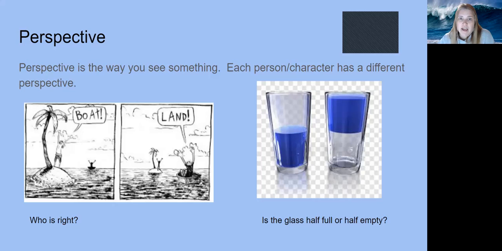The picture on the left is a little more engaging. We have this island man, and he sees a boat and he's super excited. He's like, this cool boat is going to save me. While the guy in the boat is super excited because he sees land and he's like, land is going to save me. Now, who's right? Is the boat going to save them, or is the land going to save them? Well, both of them are right, because from their perspective, the boat will save island guy, and the land will save boat guy.